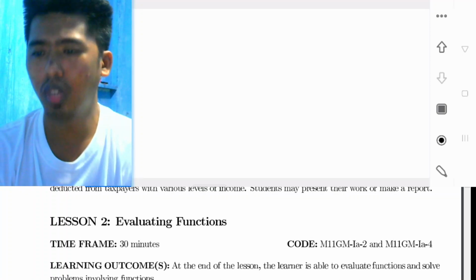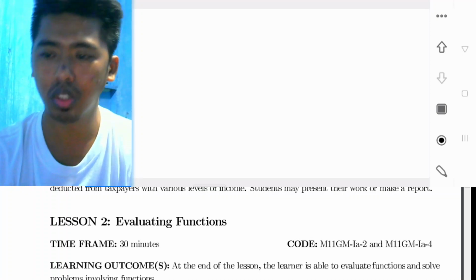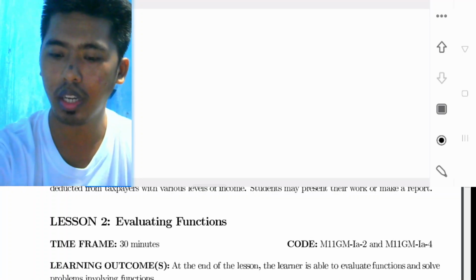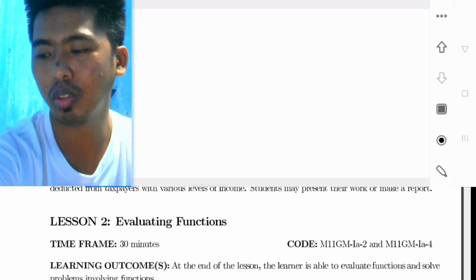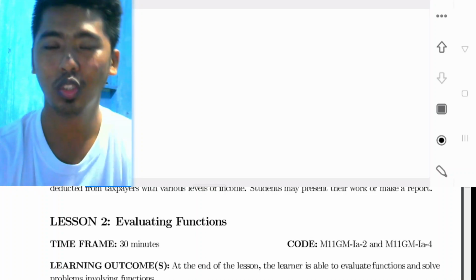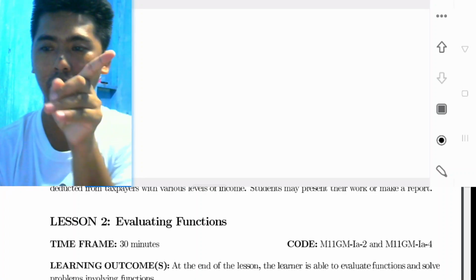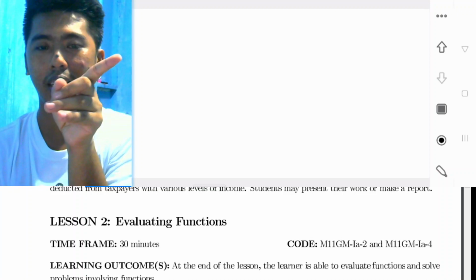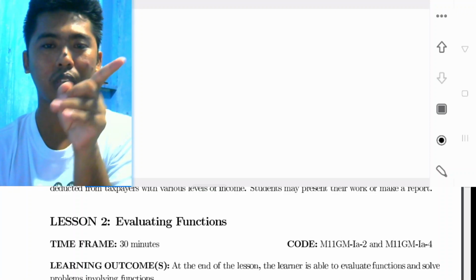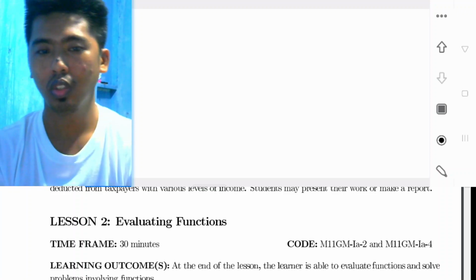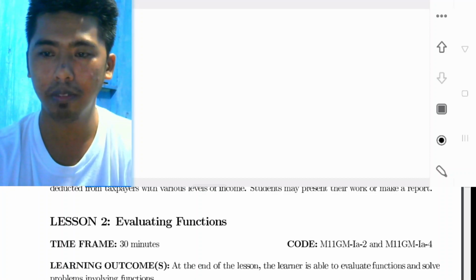Okay, so lesson 2 is evaluating functions. We will do solving. I will show you how to solve certain problems. Okay, so let's proceed.